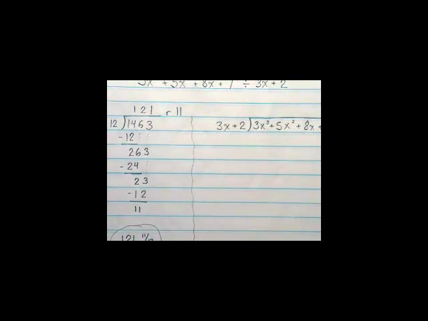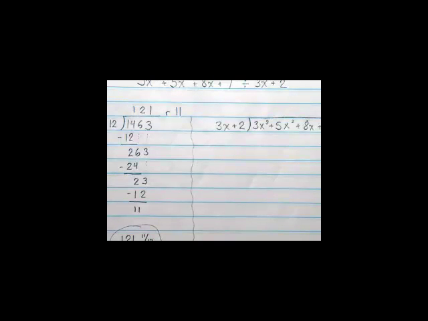And we're going to divide 3x plus 2 into that. Okay, so the process starts out the same. You start with the first term, just like you started with the first digit over here.